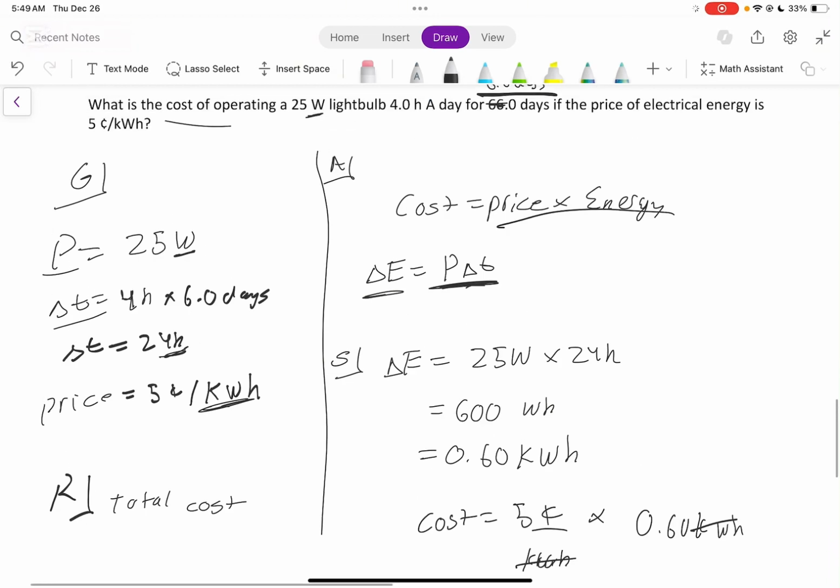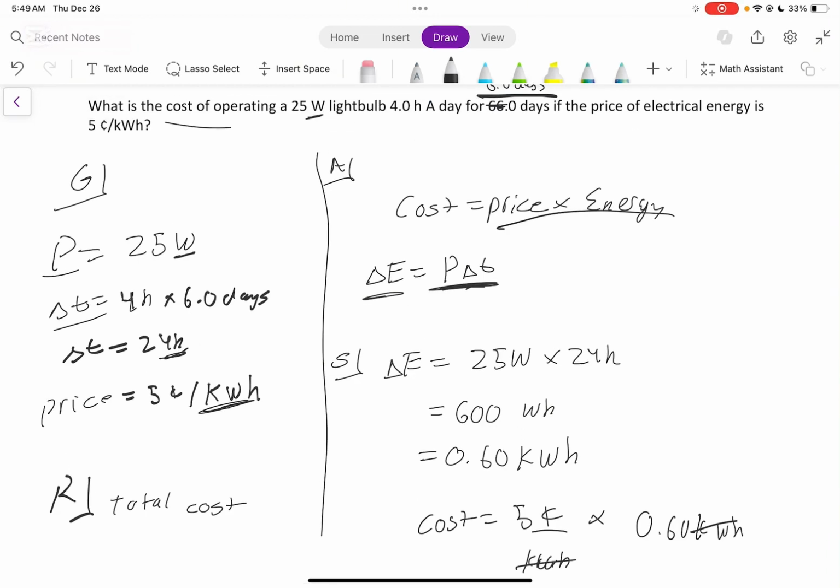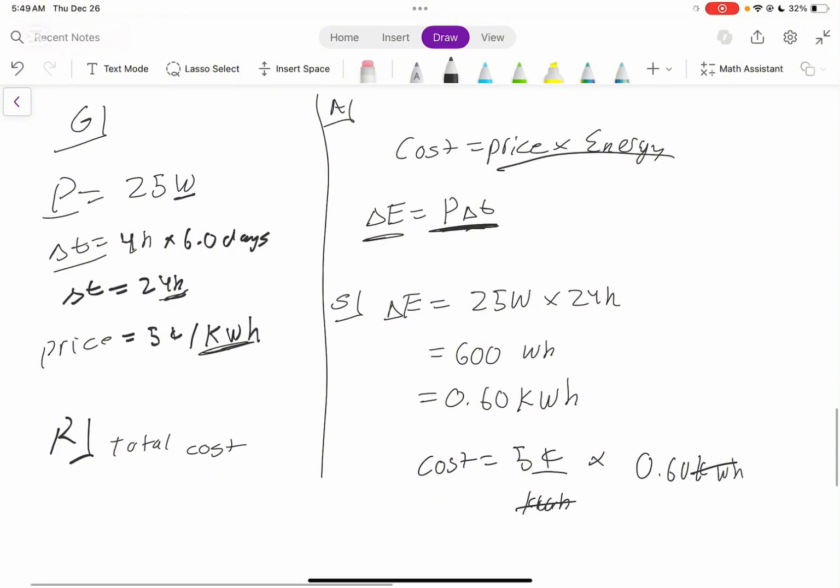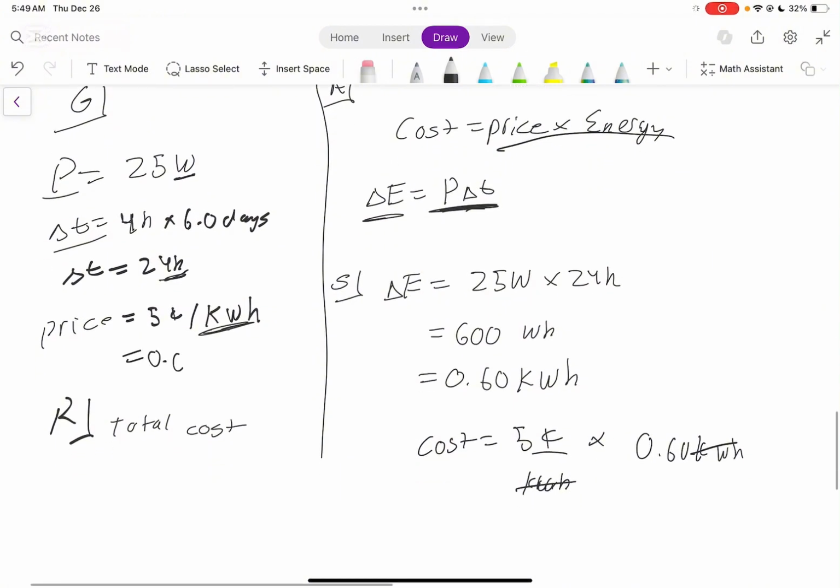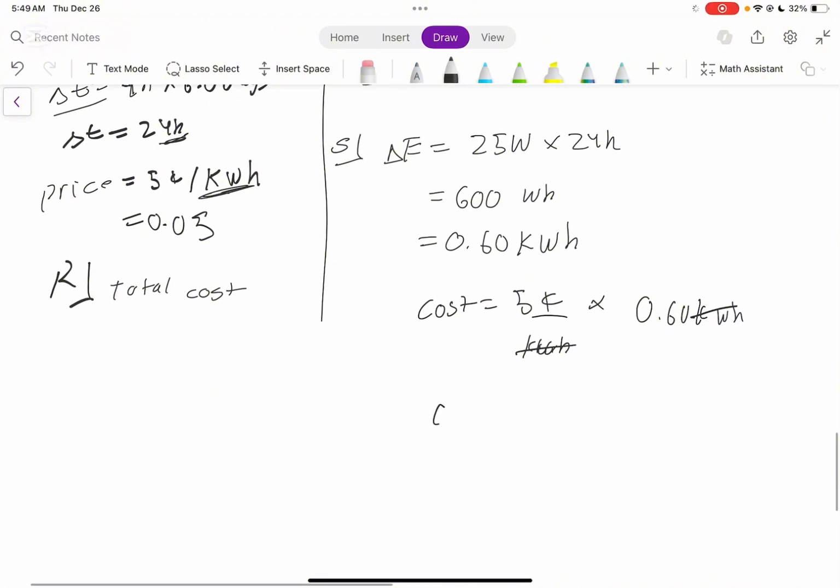So if it says 5 cents, remember we want to convert this. We don't want to leave it as just 5. We want to convert it into 0.05. Why do we do that? Because in a dollar, there's 100 cents. So if we have 5 cents, we really want to keep all the units the same. So we can go cost is equal to 0.05. We can put dollars now, really.